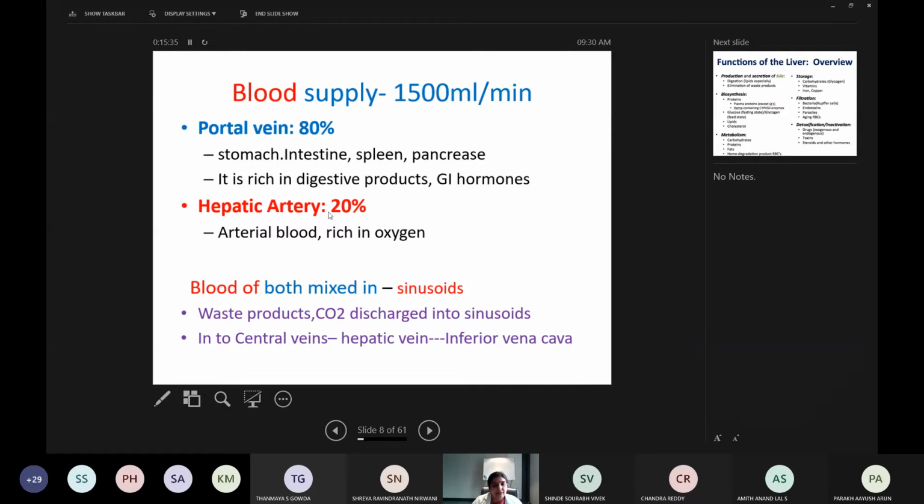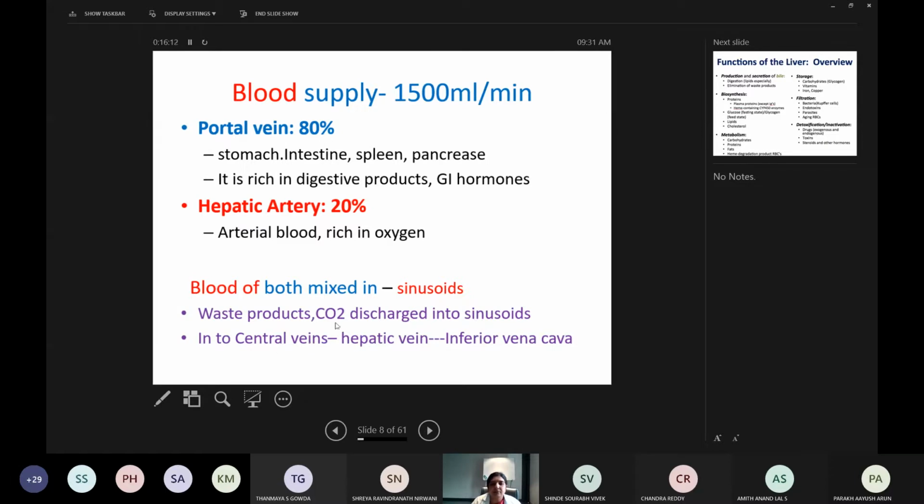So the hepatic artery is 20% supply, whereas the vein is supplying 80%. But there will be admixture of both of these in the sinusoids. Once the admixture of the blood takes place in the sinusoid, then waste products from that blood like ammonia, any drugs present, and toxic agents will all be inactivated by the hepatic cells, and then they will be sent again to the circulation.